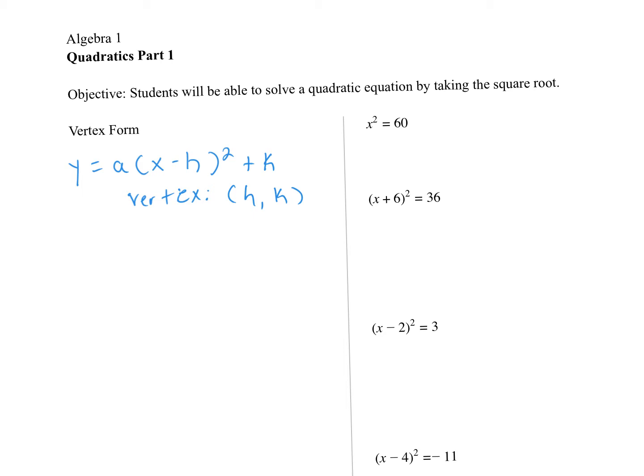First, we have x squared, and in this case our formula is actually y equals x squared, but instead of y, our y is 60. So this is actually 60 equals x squared. So now we know what y is.